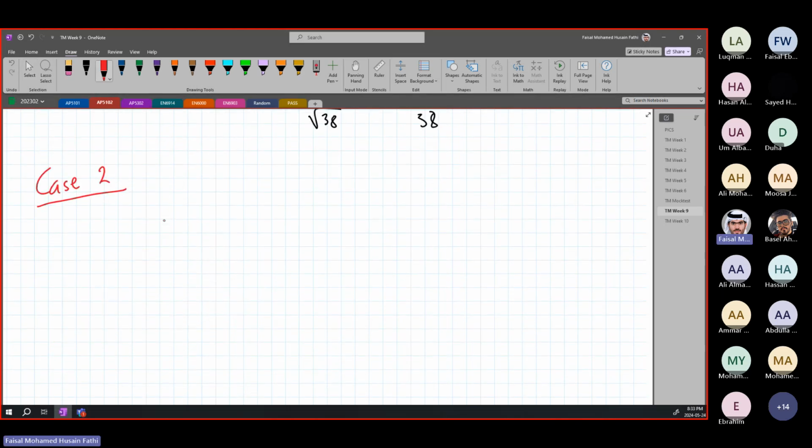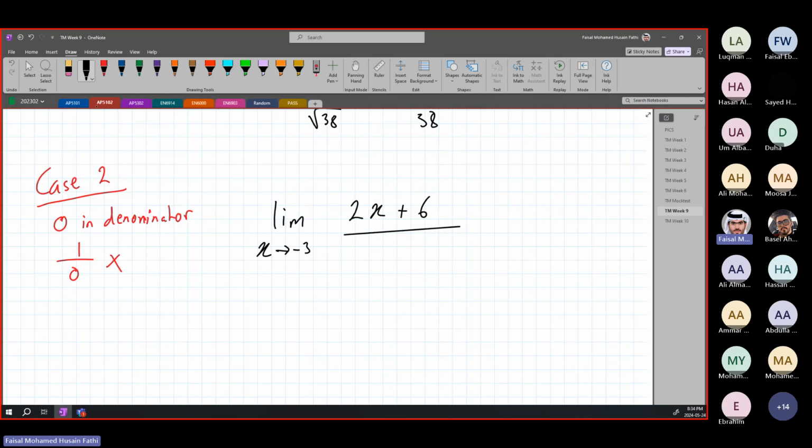Case 2, again, if you get 0 in the denominator, meaning something like 1 over 0. Let me find a question where this is the case. Let's look at this one, for example. The limit as x approaches -3 of 2x plus 6 divided by 4x squared minus 36.